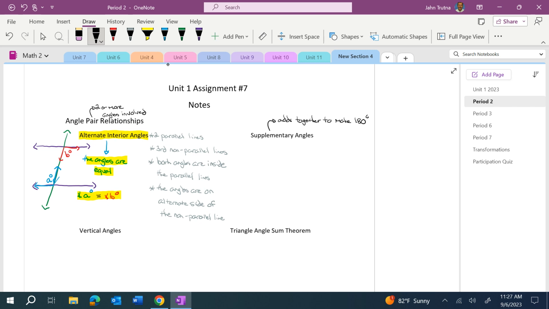Okay, so whenever you see the word supplementary, that means that the angles are going to add together to make 180 degrees. Okay. Here is a very common picture of a pair of angles that add together to make 180 degrees.